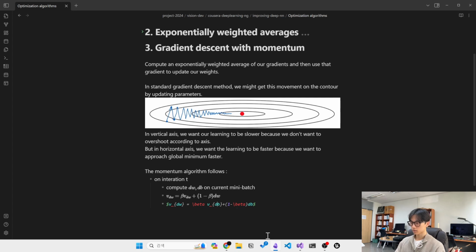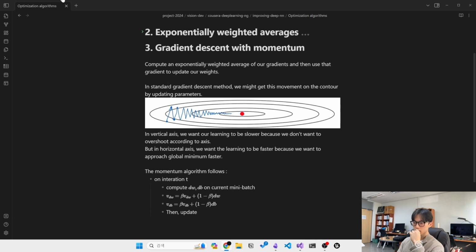And then you would update your weights using W gets updated as W minus the learning rate times, instead of updating it with dW, the derivative, you would update it with vdW. And similarly, B gets updated as B minus alpha times vdB. So what this does is smooth out the steps of gradient descent.